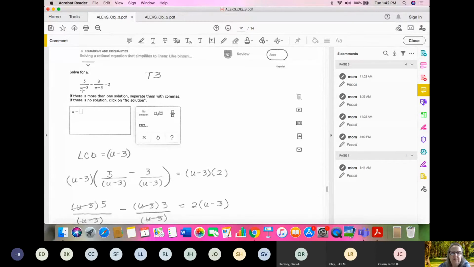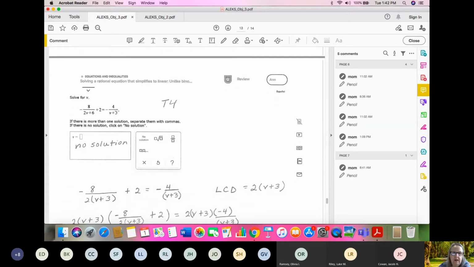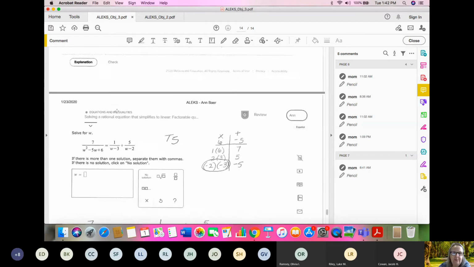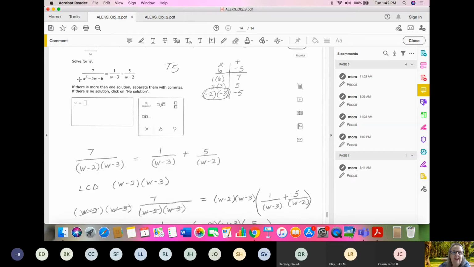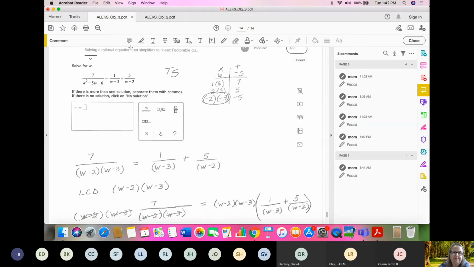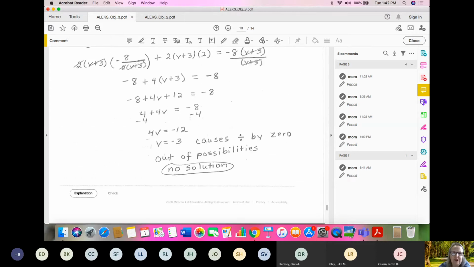You've got two terms here because it's u plus a -3, and two terms here, u plus a -3. I would put parentheses around these terms because down here, it will be very important to put parentheses around these terms. So I just want to start it early.